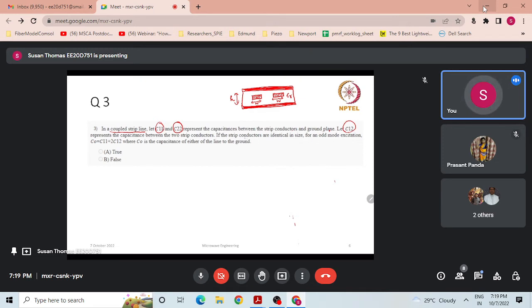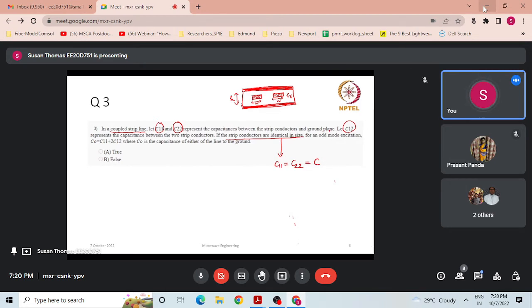And if the strip conductors are identical in size, this is a very important statement. What happens when the strip conductors have identical size? That means width is same, thickness is same. In that case, C11 will be equal to C22 will be equal to C. So the capacitance between the strip conductor and the ground plane will be the same.